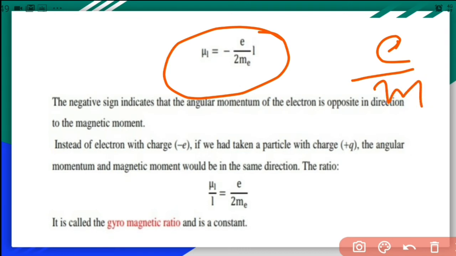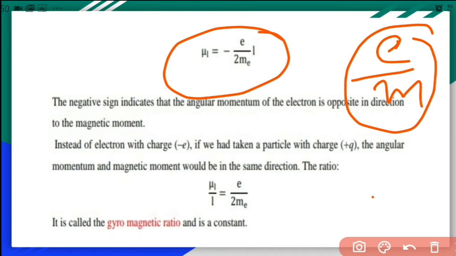In chemistry you have studied this, I think. Who determined e by m? It was J.J. Thomson who determined e by m. So that charge to mass ratio is referred to as e by m e. So e by 2 m e means it is half of the specific charge of the electron. So mu L by L is equal to e by 2 m e. It is a constant, and that constant is called the gyromagnetic ratio.